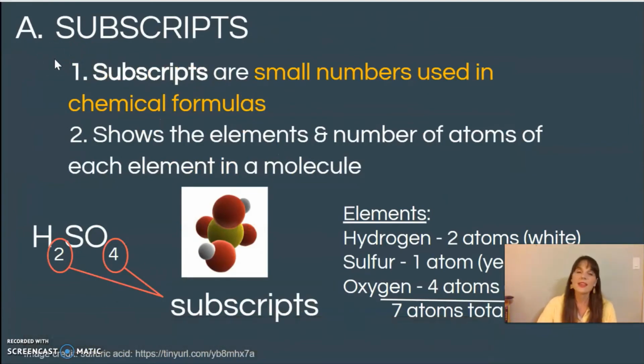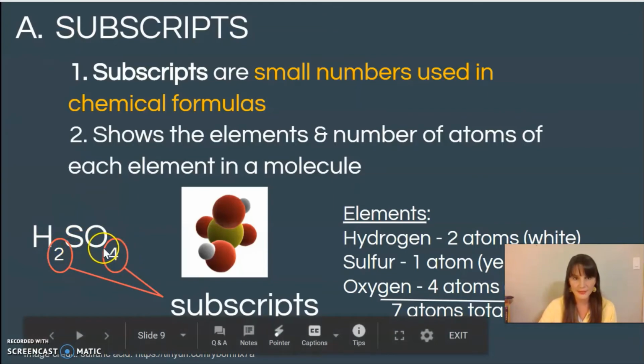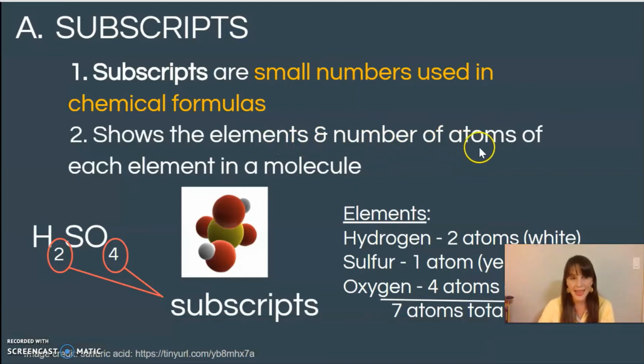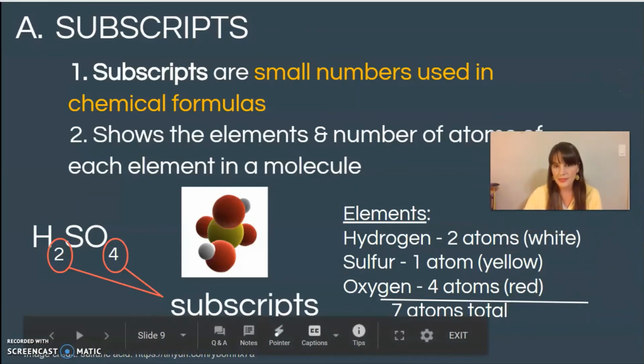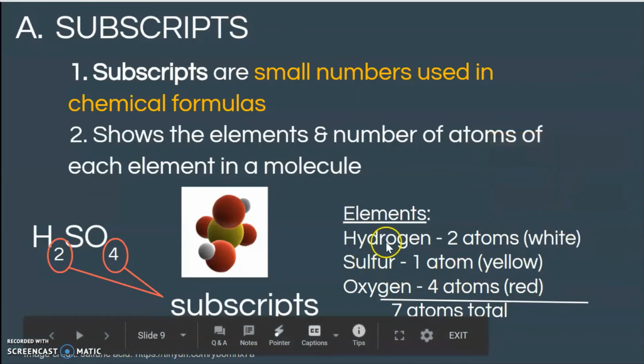Now, it's very important that you understand what the numbers mean when we're talking about elements, compounds, and chemical formulas. The little numbers that you see are called subscripts. They show the number of atoms of each element in a molecule. For example, H2SO4. There are 2 atoms of hydrogen, the white ones.